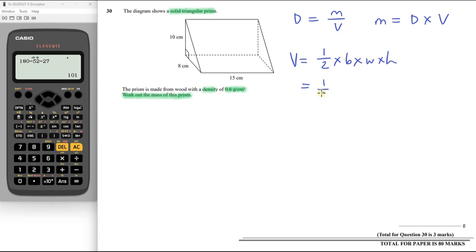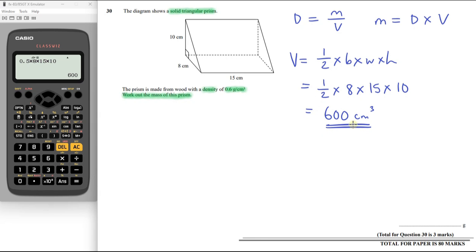So it's going to be half times 8 times 15 times 10. So I'm just going to put that into a calculator. So 0.5 times 8 times 15 times 10. And we get 600. That's quite a nice number. 600. And that is in centimetres cubed.